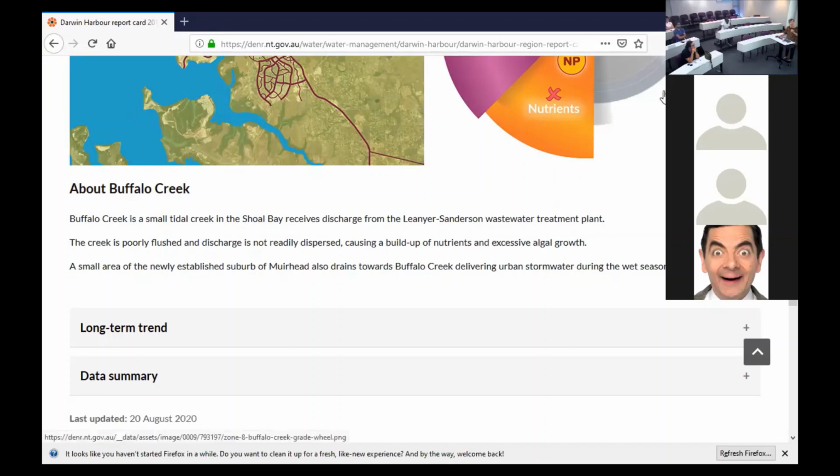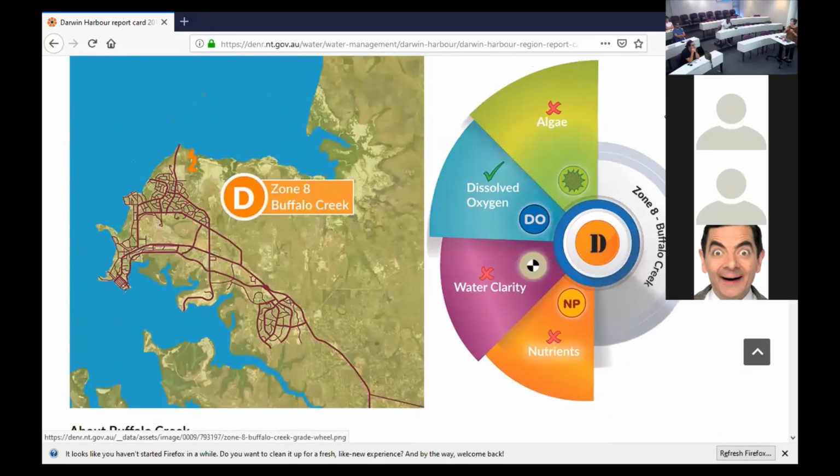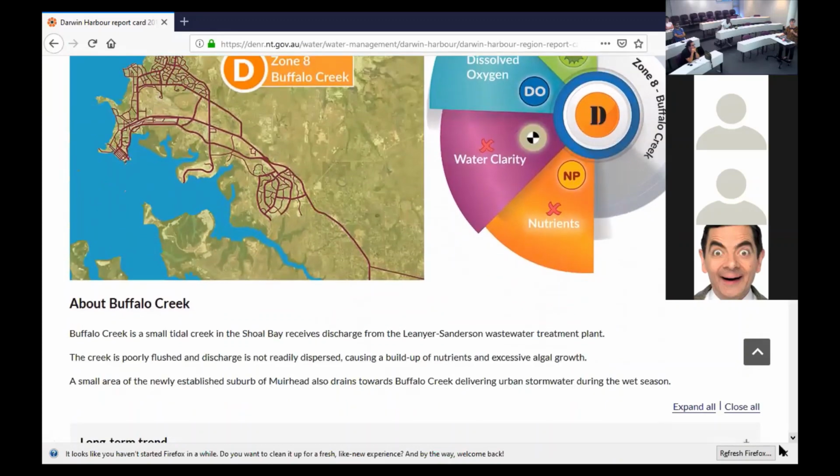So then when you go back to that diagram, you can see, oh yeah, okay, nutrients too high, that means algae's too high. So it's sort of explaining that. So just by a few clicks, you get a picture of what's a really complex topic.